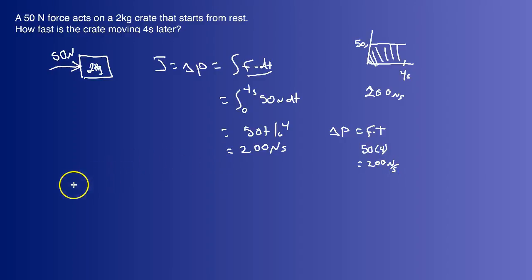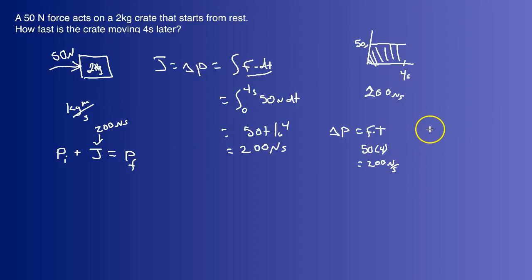Now we have some initial momentum, and we add to that our impulse, our change in momentum, to give us our final momentum. In this case, our change is 200 Newton seconds. The units for momentum are kilogram meters per second, and that doesn't look like Newton seconds, so we have to show that those are the same real quick.